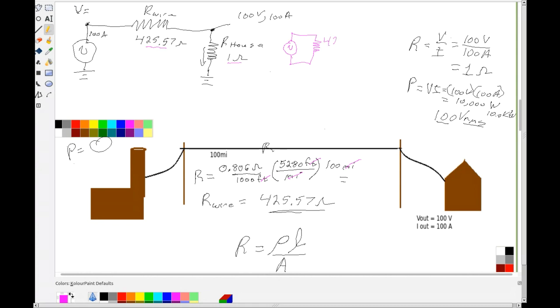So we got a total resistance of 426.57 ohms.